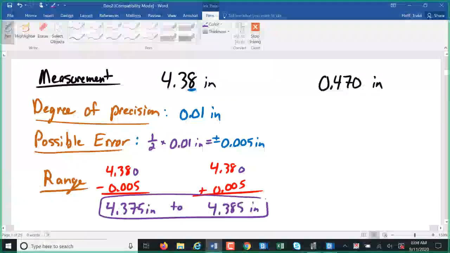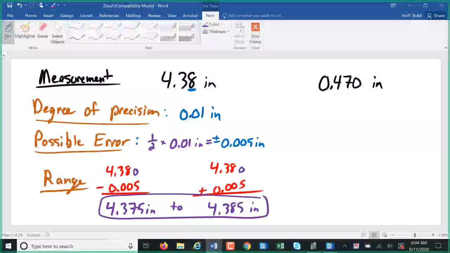So the implied range there is, when I say that that is 4.38 inches, it's implying that that's somewhere between 4.375 and 4.385.